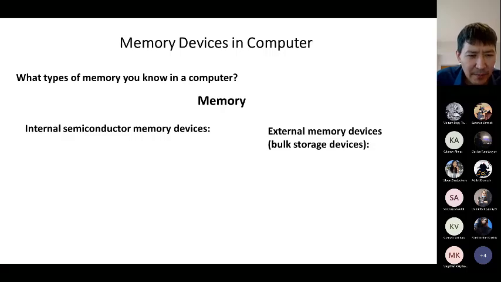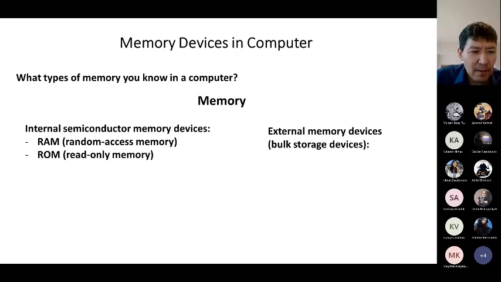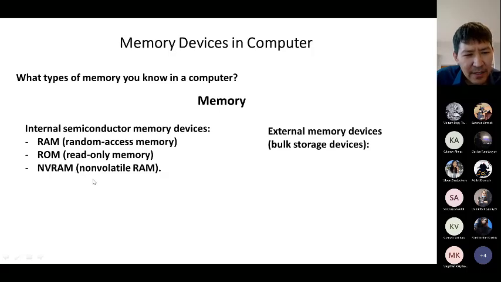If you talk about the internal semiconductor memory devices, it's some RAM, random access memory, some ROM, read-only memory, but also NVRAM. The principle of working is the same as RAM, but NV means non-volatile RAM. So actually it can store the information even when your power is switched off.